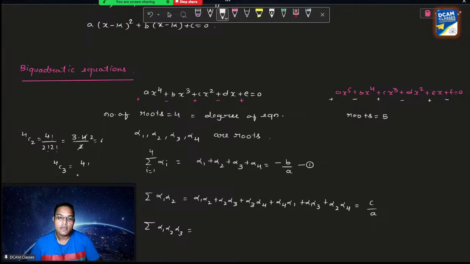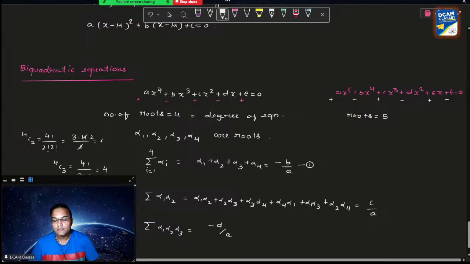So it will be 4 factorial by 3 factorial into 1 factorial, 4 cases will be there. So that sum will be equal to minus d by a. Getting it?